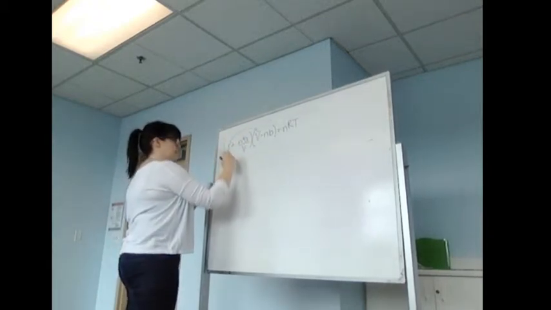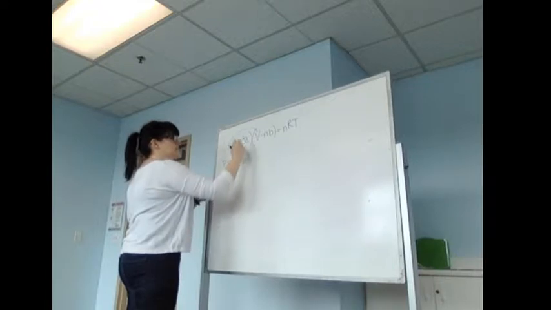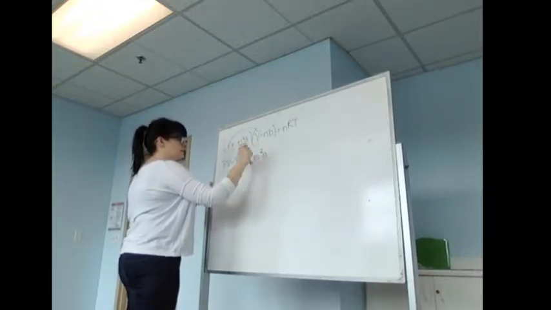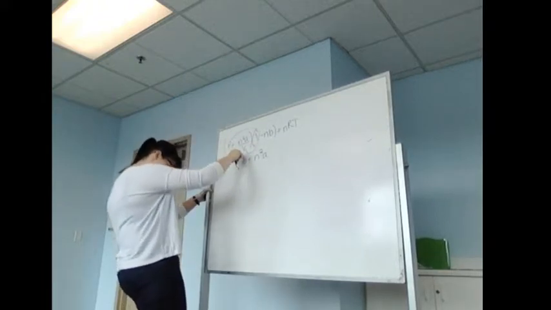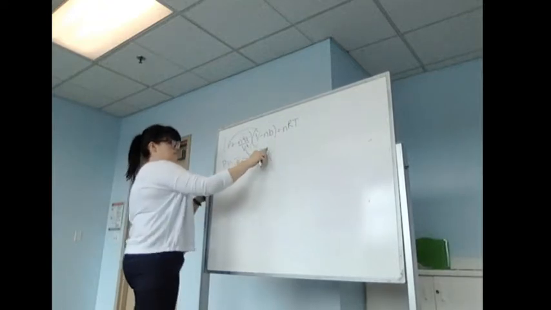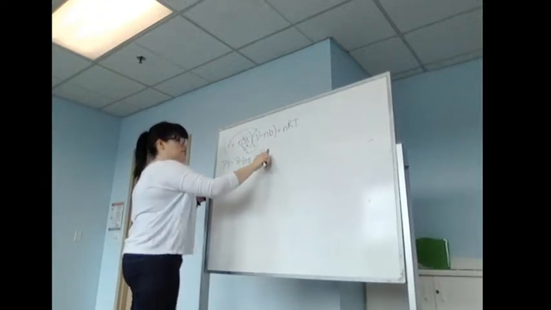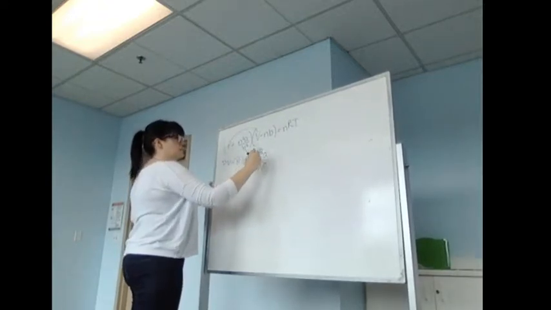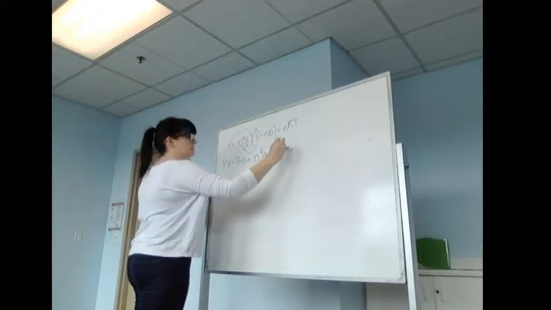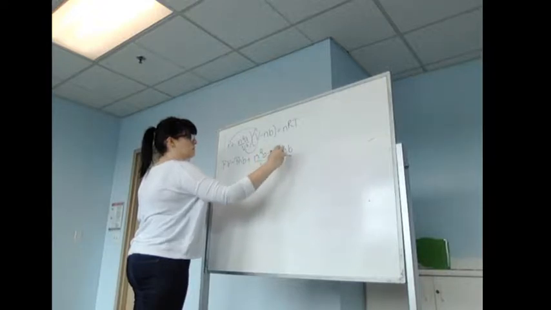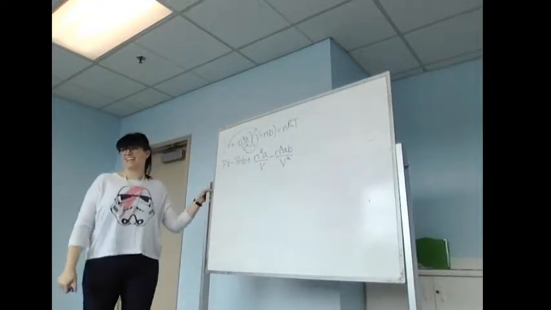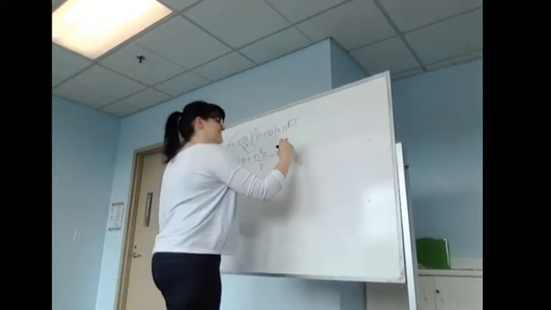PV minus Pnb plus n squared a over V, minus n cubed ab over V squared, equals nRT.